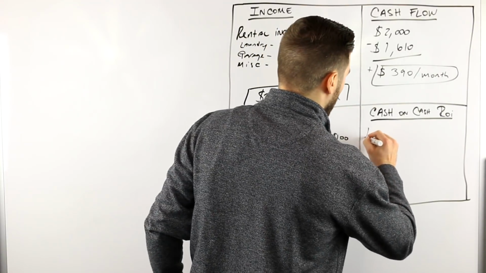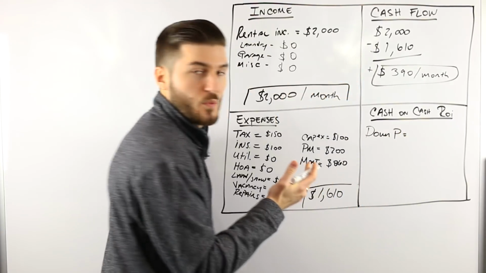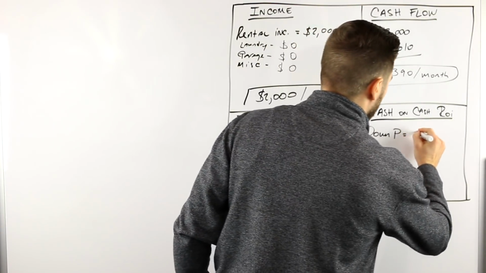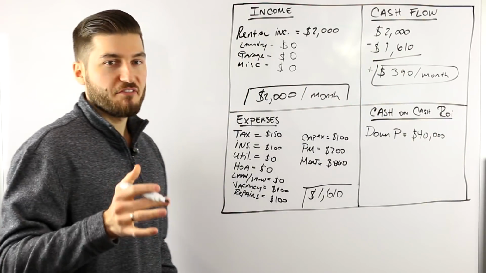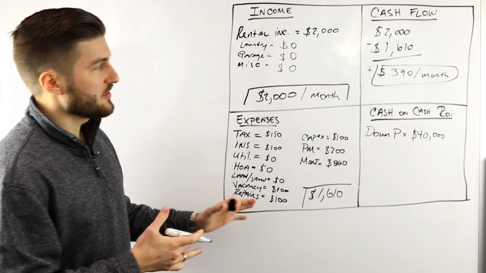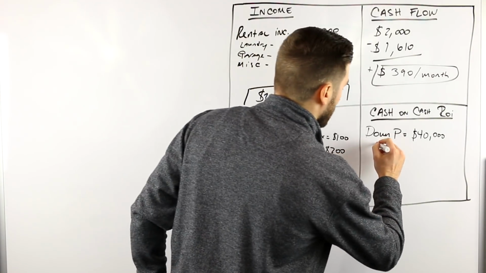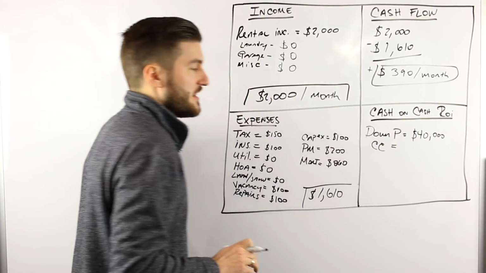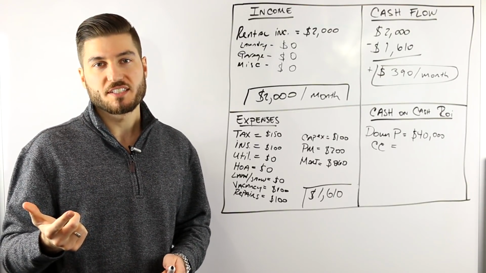So let's start with the down payment. Okay, we know that we put down $40,000 for the mortgage. The second factor are closing costs. So we never talked about how much it actually costs to acquire this property. So closing costs, these are things like title work, dealing with any commissions on a real estate agent.